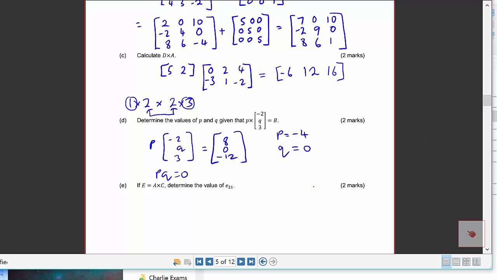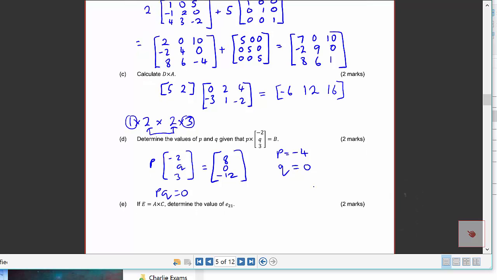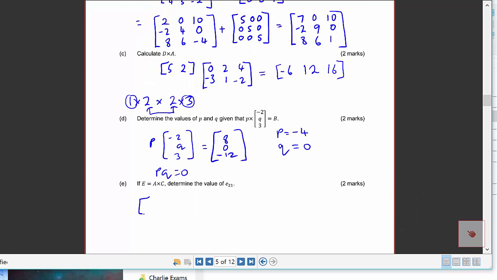Finally, we have E is A times C. So A is 0, 2, 4, negative 3, 1, negative 2.